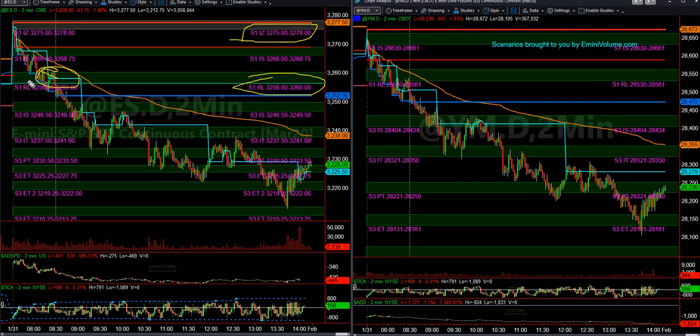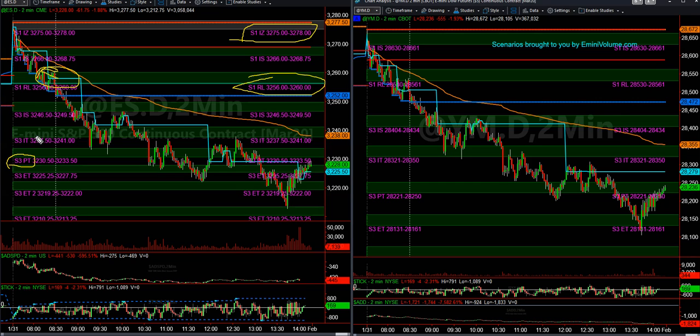Now, as far as the zones go, when you are short, you want to use two things for targets in this area, according to the trade plan. Scenario 3, so it was scenario 3 that went active, and PT stands for primary target.